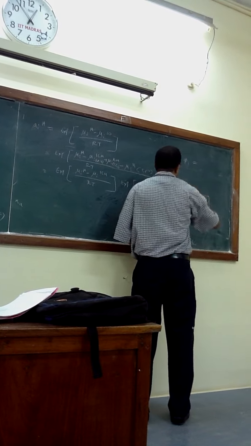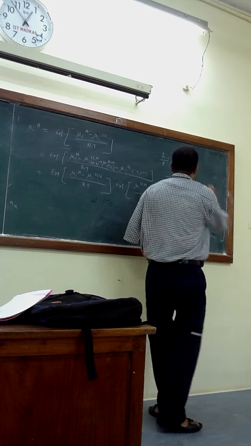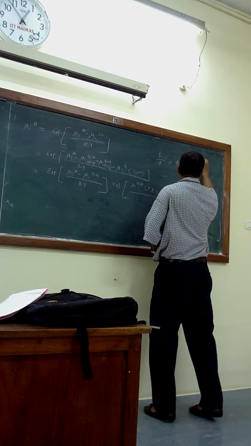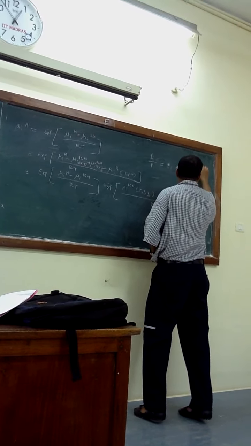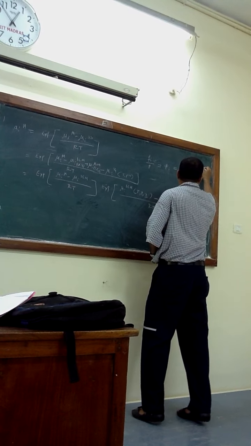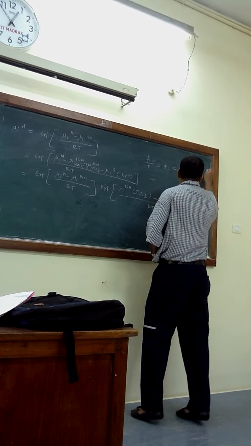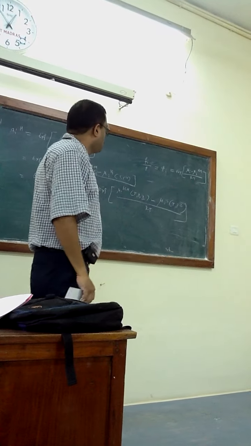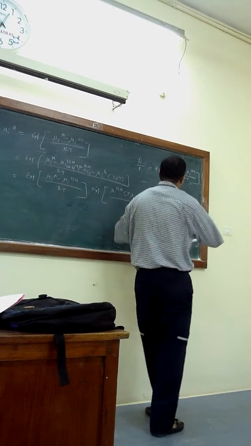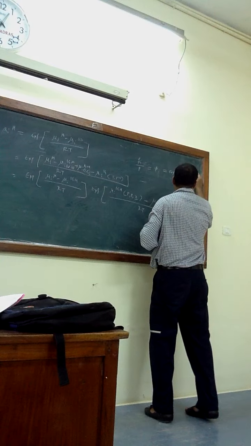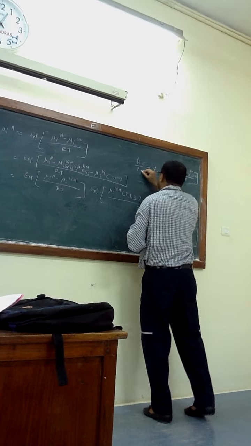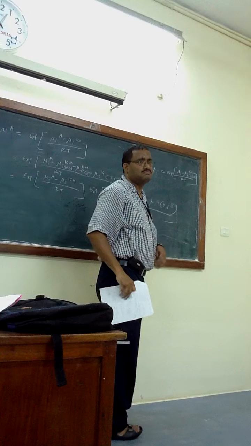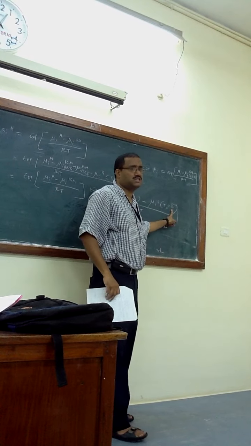Phi I equals to exponential mu I minus mu I IgM by RT. Remember that this mu I IgM is denoting temperature, pressure, x bar. This is the pressure. But our pressure is PSS.